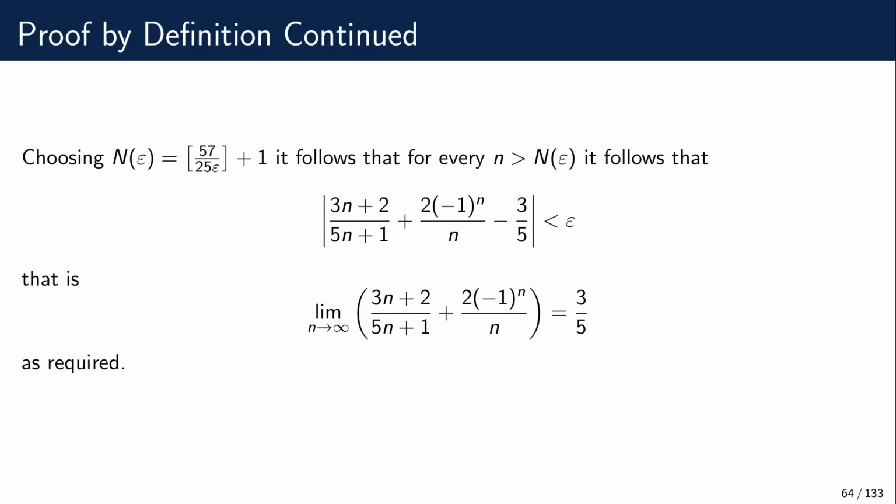You say, okay, you claim that this is the limit, then can you show me that starting from some place, the distance between the elements of the sequence and the limit is smaller than 1,000? And I say, sure, make this computation, and here's this natural number. And beyond this natural number, all the elements in the sequence, their distance from the limit will be smaller than 1,000.